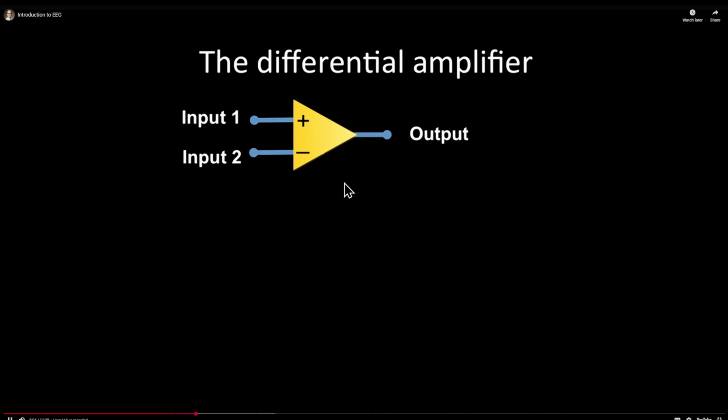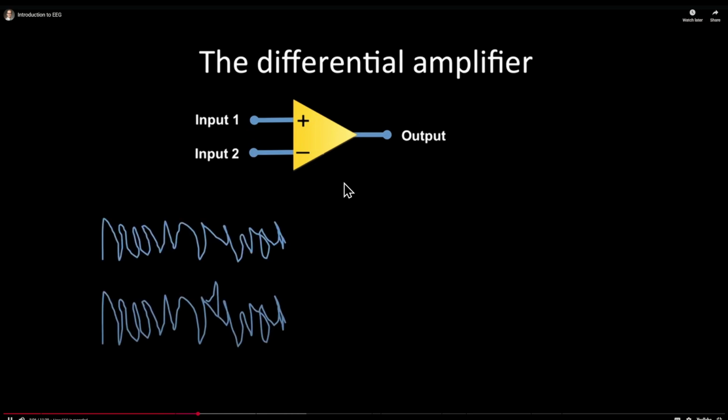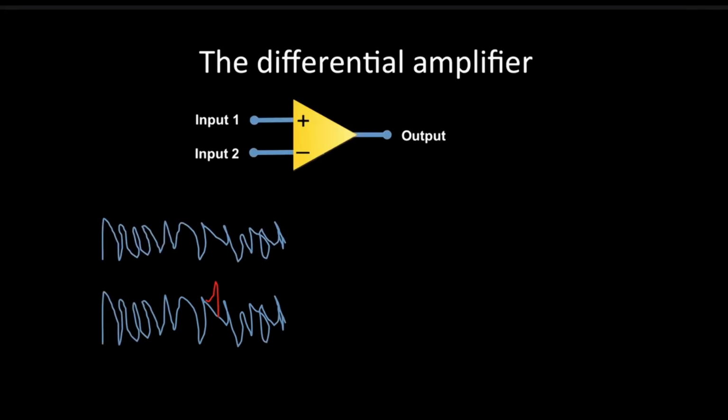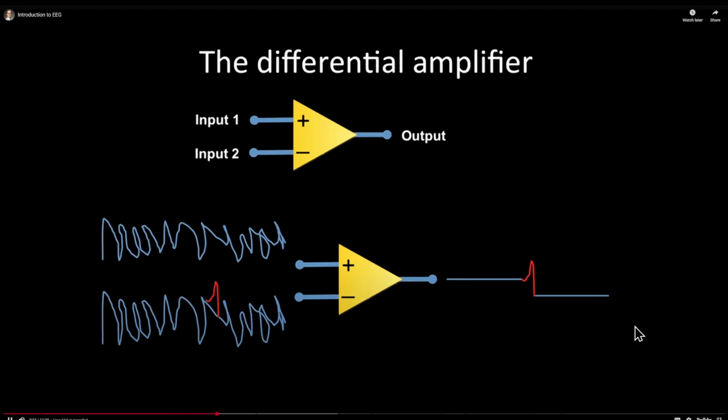Such as those in EEG. For example, you can see these two waveforms, which are very similar, except for one small difference, demonstrated here in red. When these two signals are placed through a differential amplifier, you can see that the output is simply the difference between them, and all of the other commonalities are cancelled out.